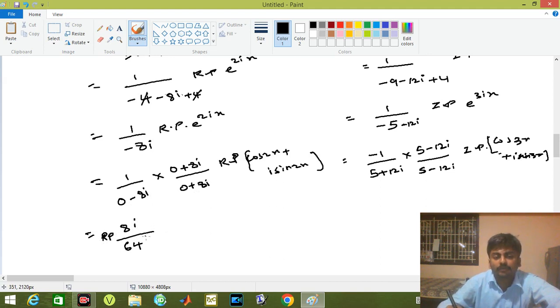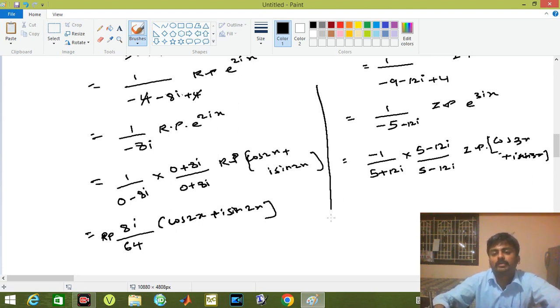So the real part of 8i by 64 into cos 2x plus i sin 2x. This is your PI1.